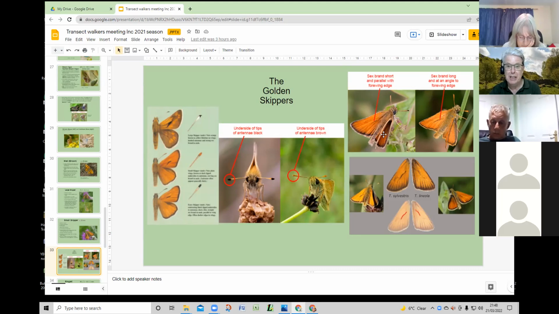So you can see these pictures. That's Essex. It's a slightly more golden brown. It's 10 days to 2 weeks later than the small. So you can't really start looking for Essex till the latter part of the small skipper season.